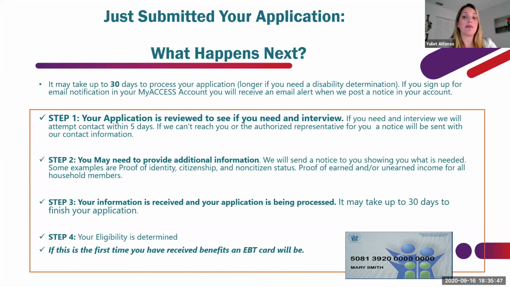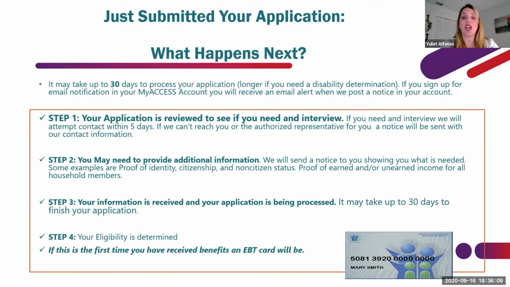Then the second step that we do is determine what documentation is needed. We will send out a letter saying all the documentation that the client needs to send back to us. Now, if I'm the worker and I send out the letter today, within 24 hours, that letter is going to show on the MyAccess account.